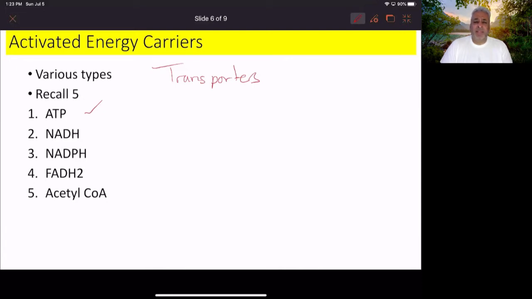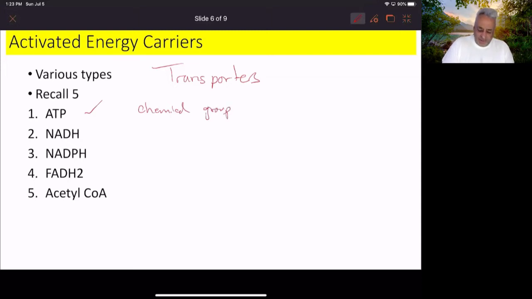Therefore, every second, lots and lots of ATP is being rapidly turned over to supply and capture energy within the cell. So it's a hive of activity within our cells when it comes to activated energy carriers. So ATP, what does it carry? Well, it carries a chemical group. And we'll look at that chemical group on the subsequent slide.